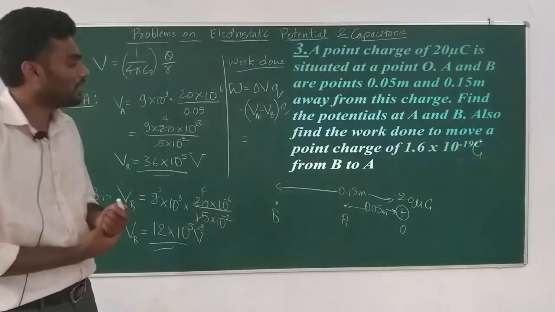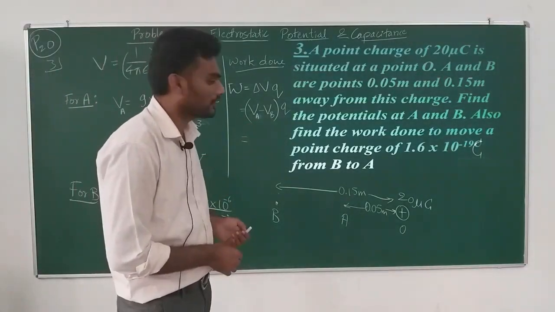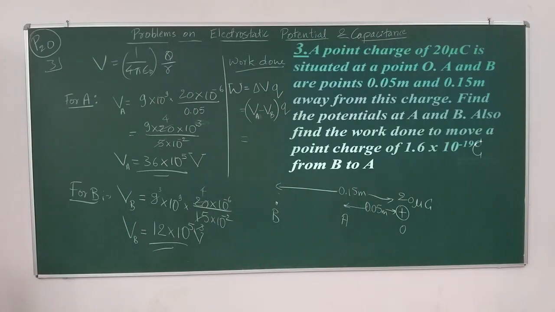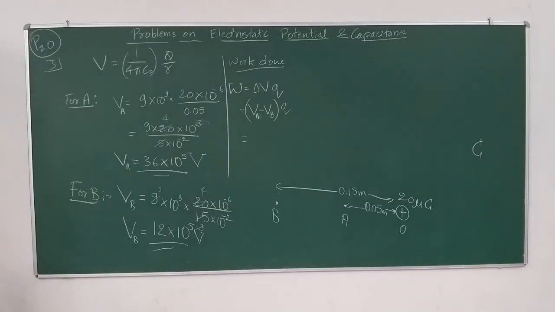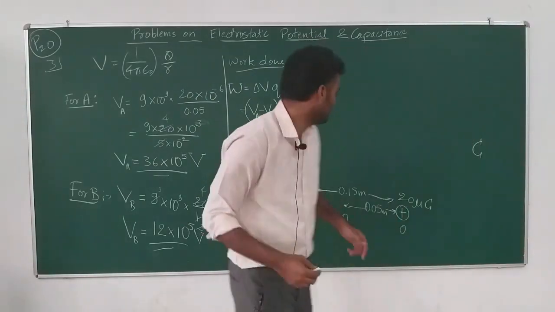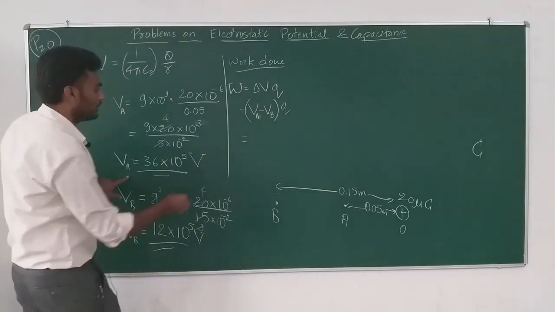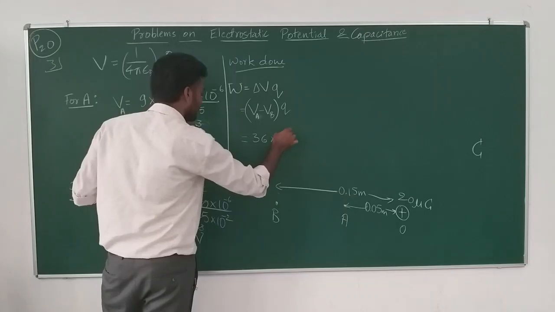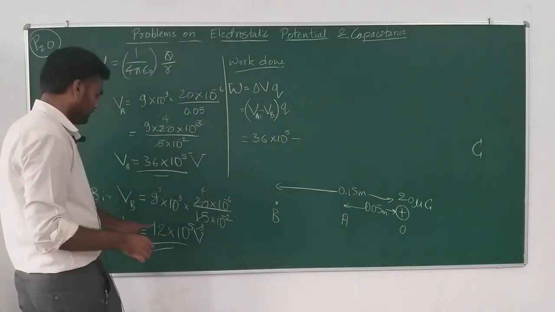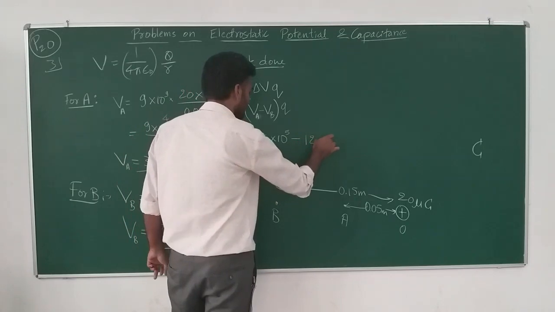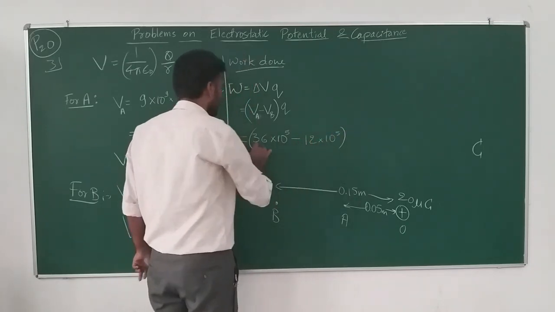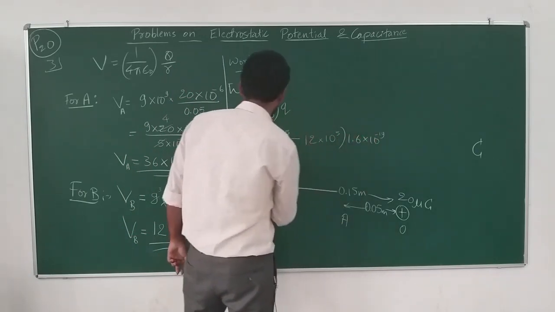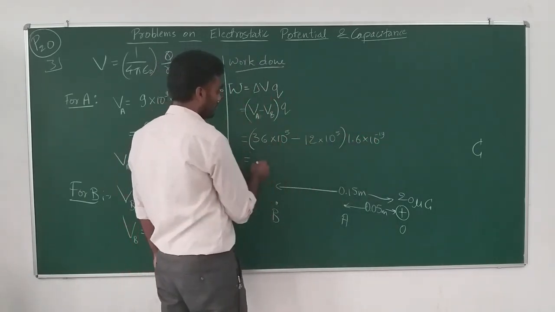VA is 36 into 10 to the power of 5, minus VB, which is 12 into 10 to the power of 5, into the charge 1.6 into 10 to the power of minus 19. 10 to the power of 5 is common, you can take that out.